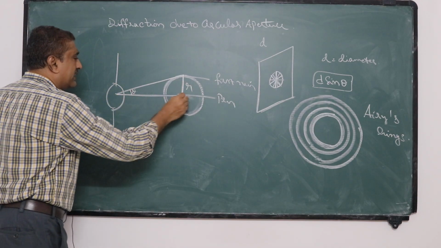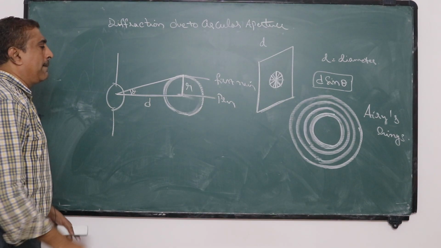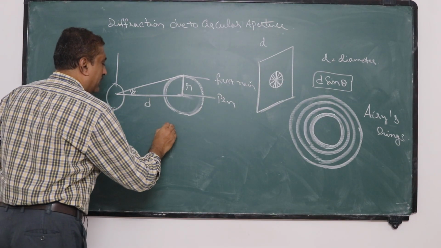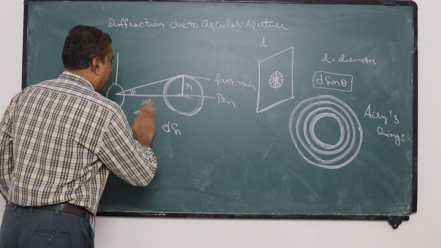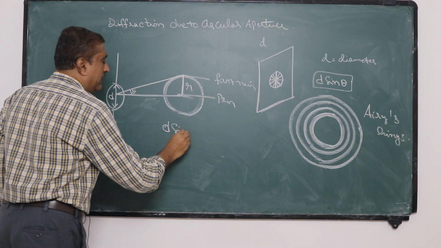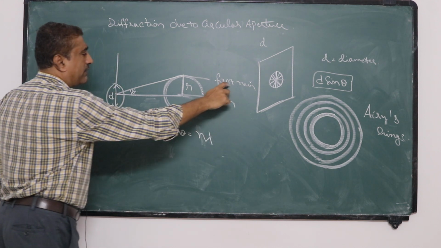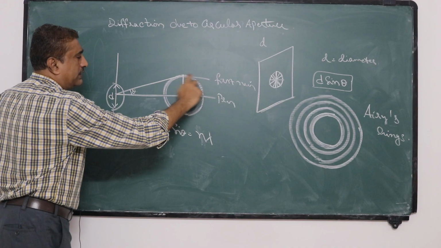if d is the distance between these two, we have the condition d sin theta, where d is the diameter of this circular aperture, d sin theta is equal to n lambda. This is the condition for first minimum, that is this one.